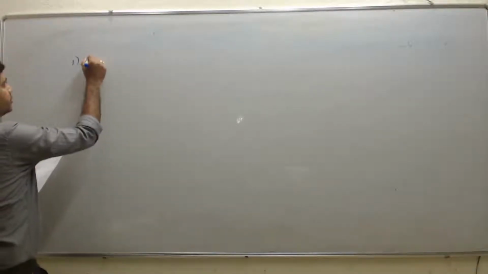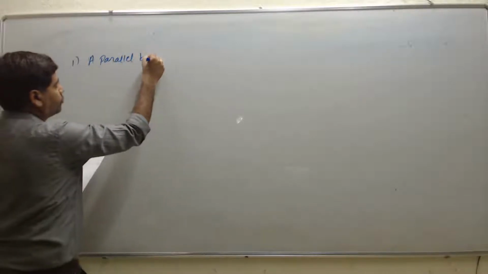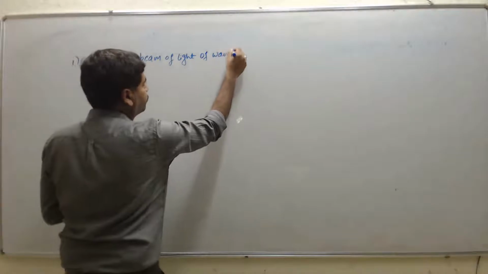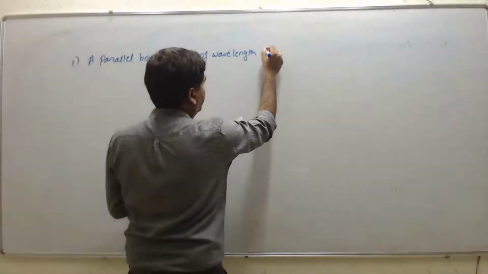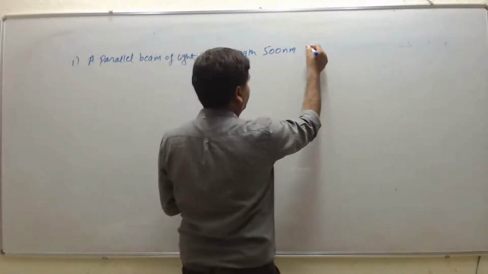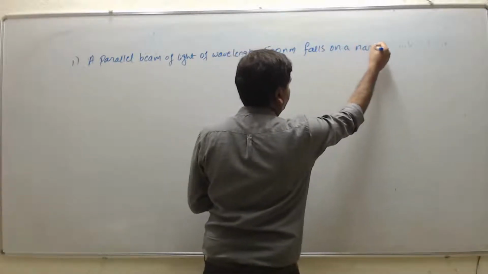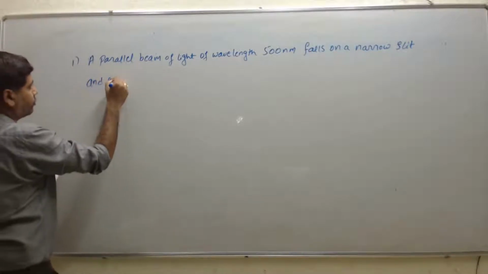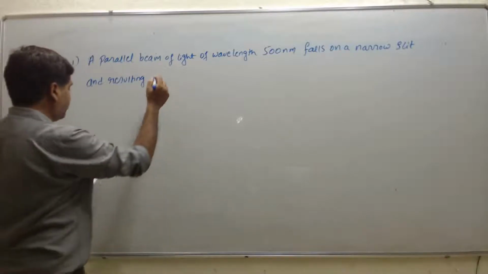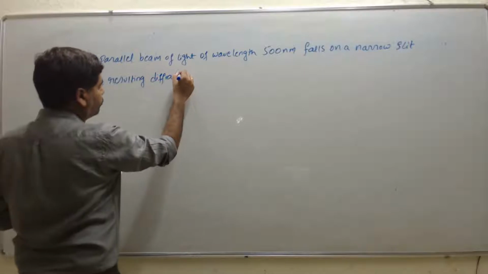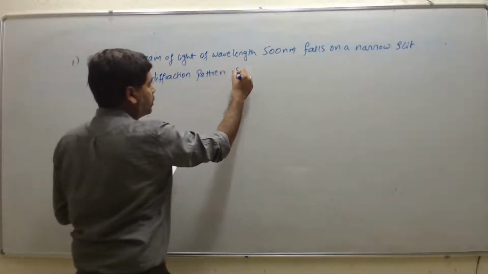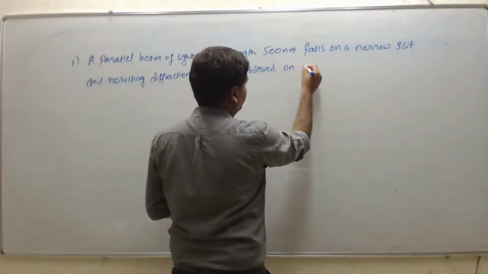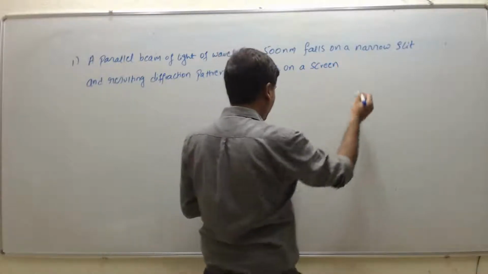A parallel beam of light of wavelength 500 nanometer falls on a narrow slit and the resulting diffraction pattern is observed on a screen 1 meter away.